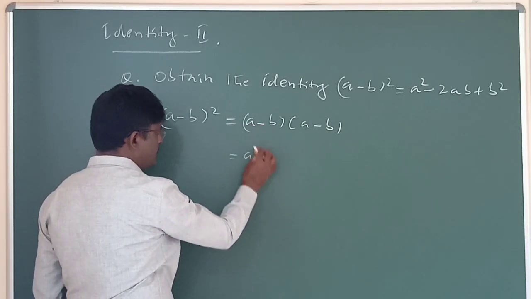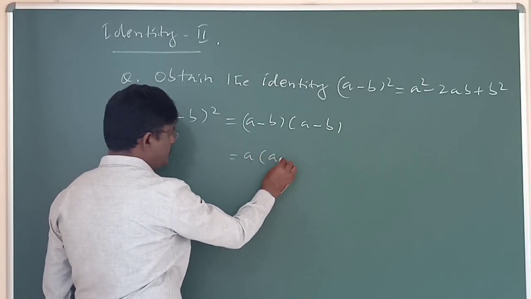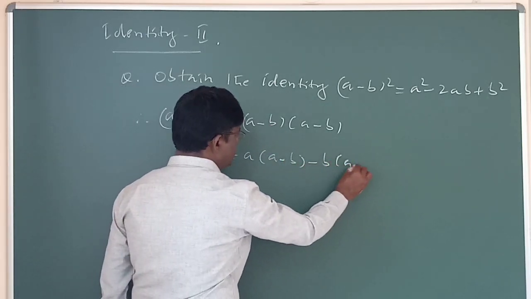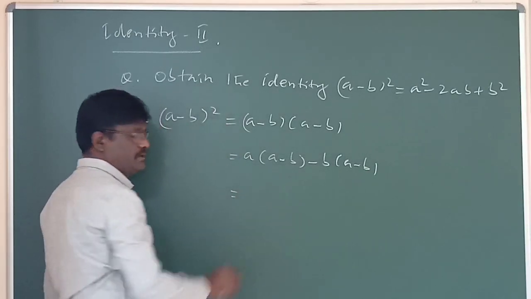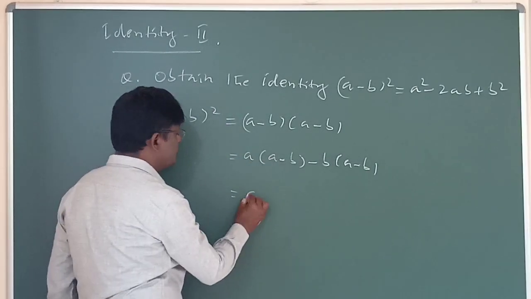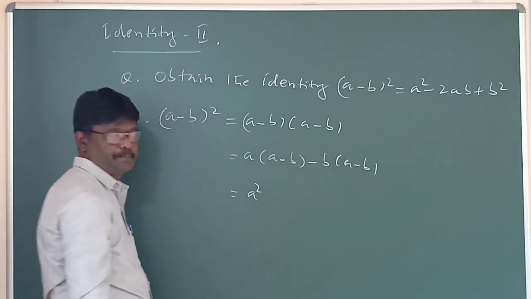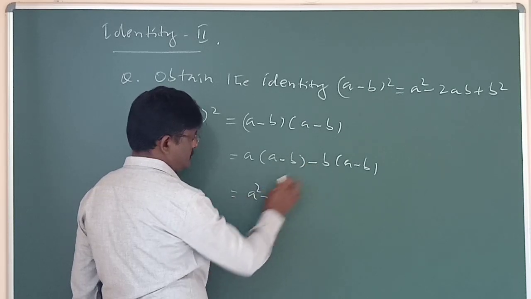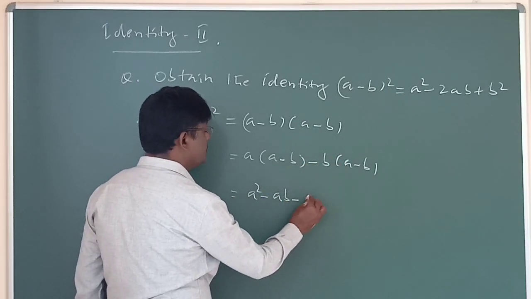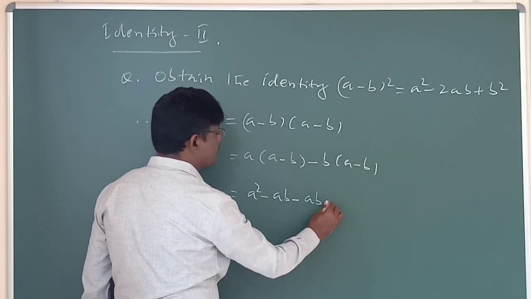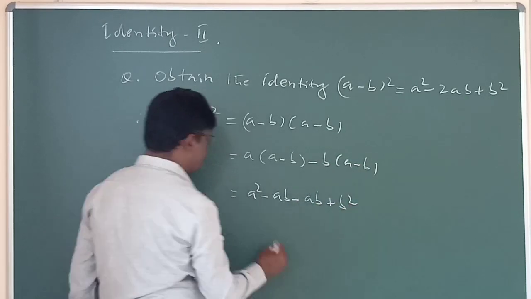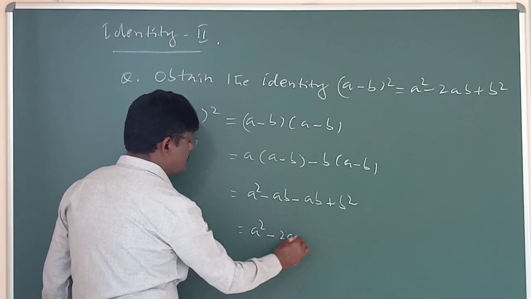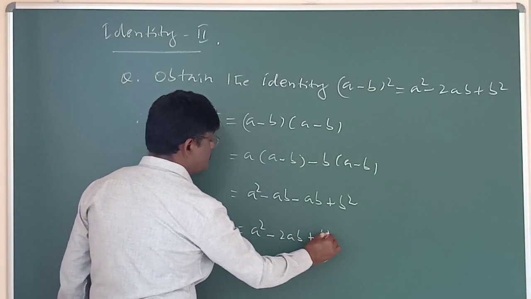Then take a, now it becomes a monomial. a into a minus b into a minus b equals a into a is a square, plus into minus, sign rules, minus ab, minus into plus minus b a, commutative law, minus of minus plus b square. a square minus 1ab minus 1ab, that is a square minus 2ab plus b square.